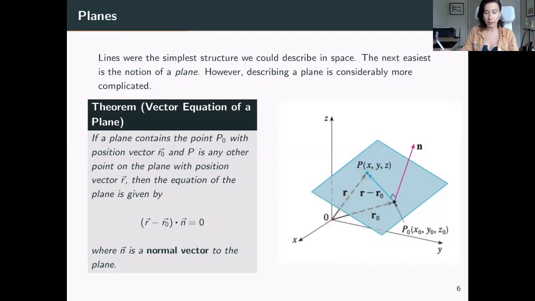Then by vector addition, my vector R is going to be equal to R0 plus (R minus R0). And so my R minus R0 vector that is on top of my plane will be perpendicular to my vector n, thus giving me that R minus R0 dotted with my normal vector n should be equal to 0. This is known as the vector equation of a plane in 3-space.